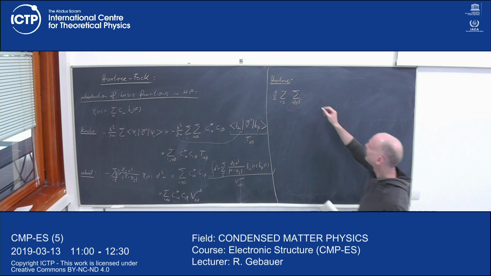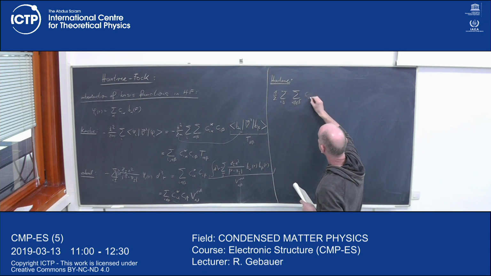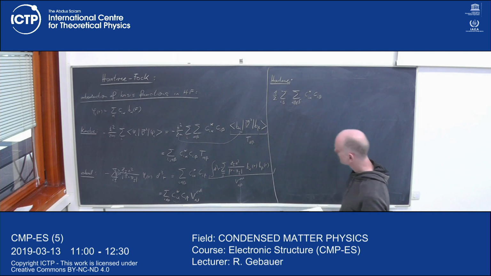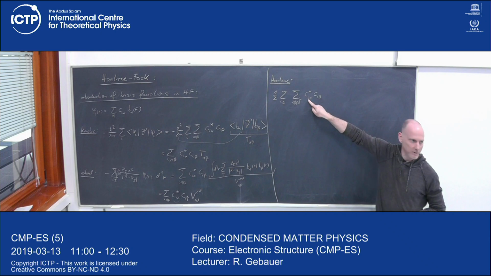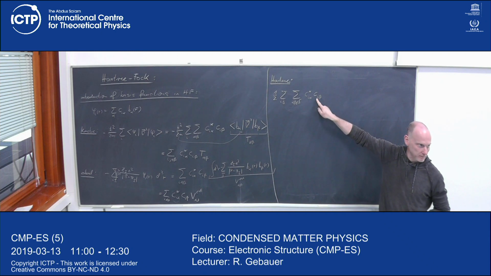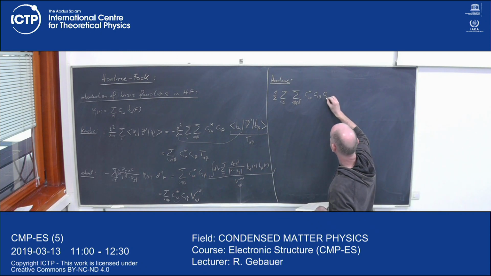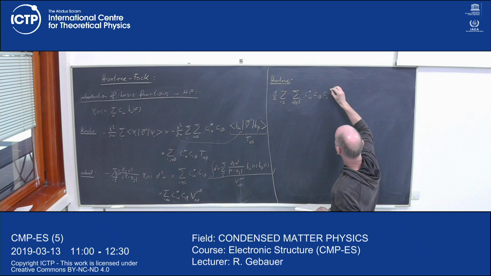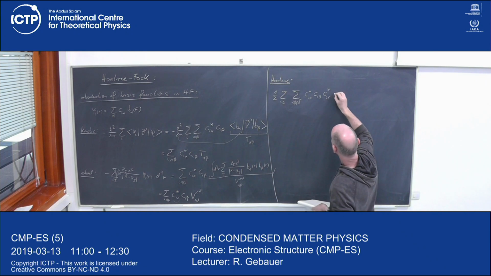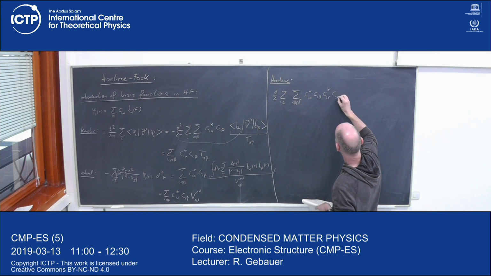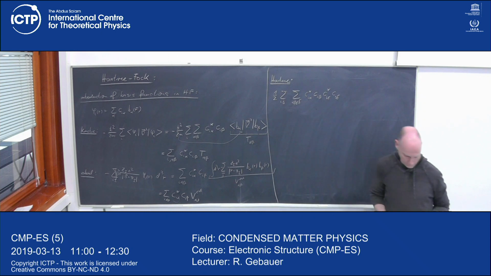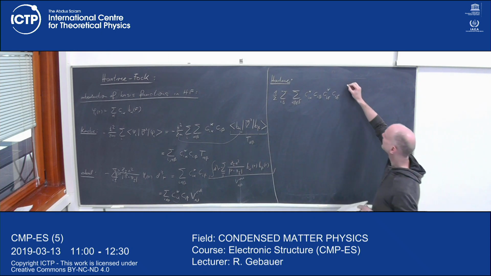Then I have C_i alpha, complex conjugate, C_i beta. So this comes from phi_i, complex conjugate, phi_i. Okay. And then I have C_j, complex conjugate, gamma, C_j delta. And here come the double integrals.